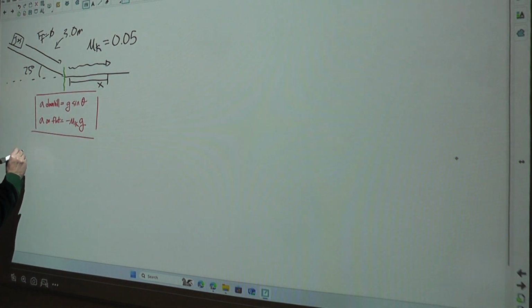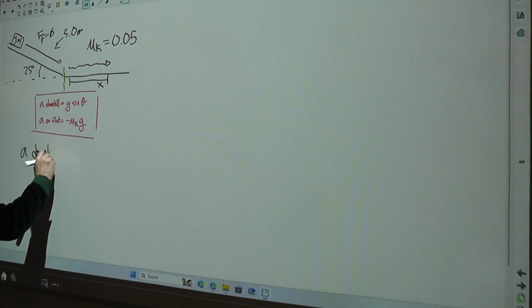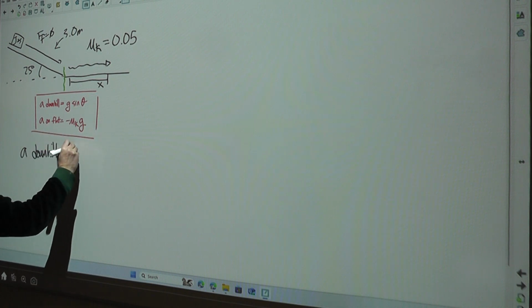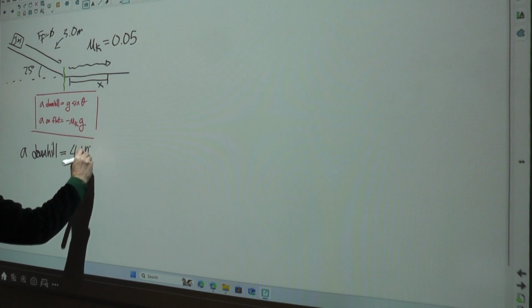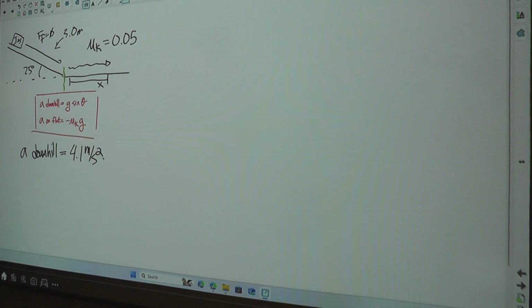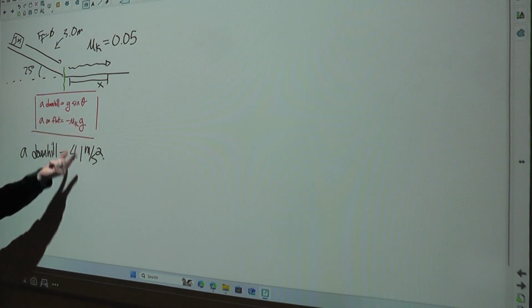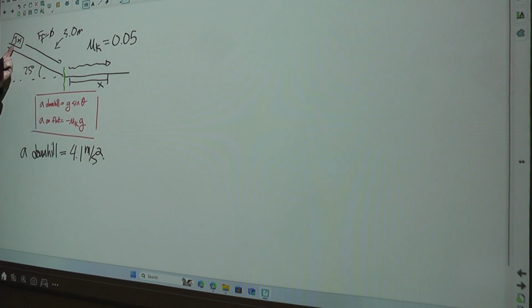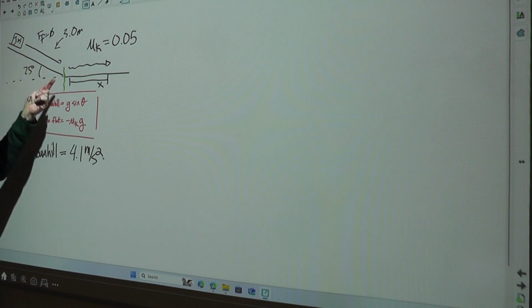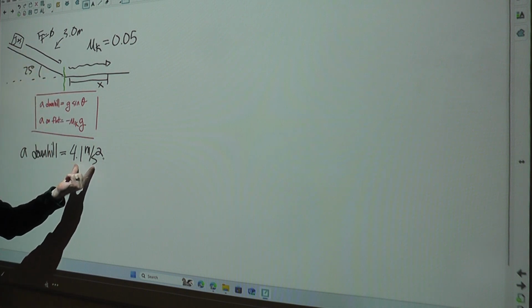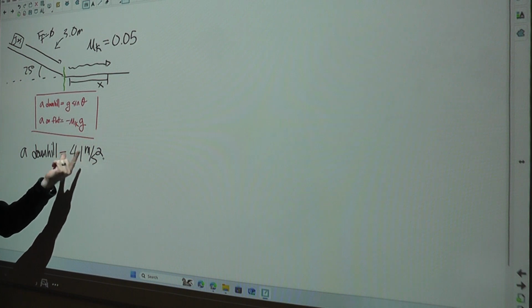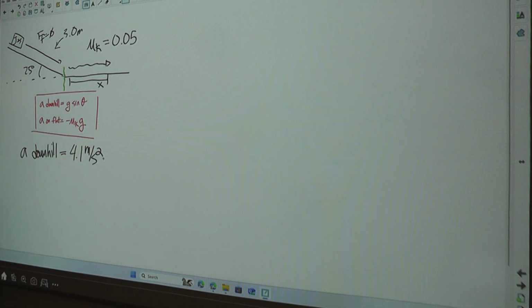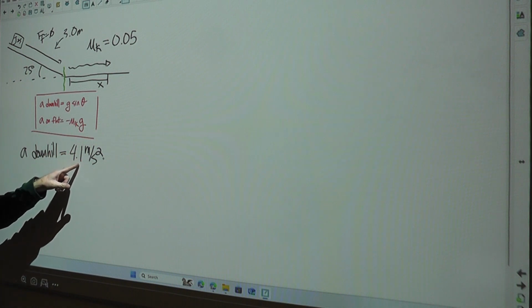So I now know that my downhill acceleration is going to be about 4.1 meters per second squared, and that's in my positive direction. We did all the math to include the signs. So this sled plus Josh are going to accelerate down this ramp at 4.1 meters per second squared, starting from rest, which means after 1 second, they'll be traveling 4.1 meters per second.